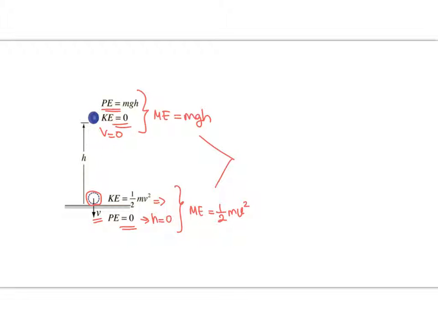From the conservation of energy, the total mechanical energy at the initial should be equal to the total mechanical energy at the final. So mgh should be equal to 1/2 mv², because the energy initial should be equal to the energy final.